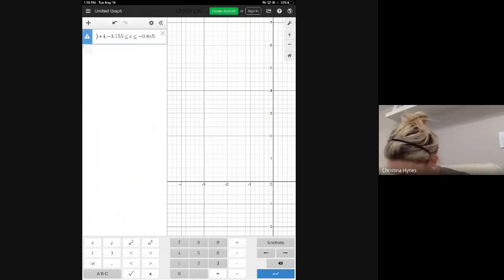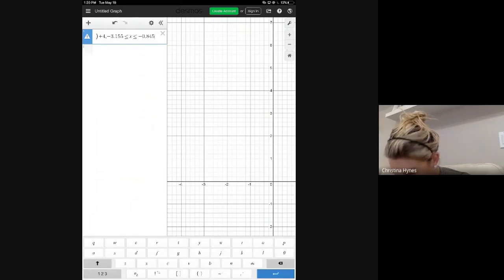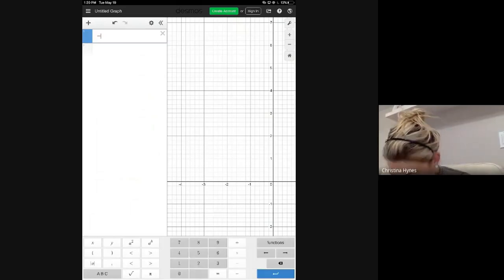I do need to put in brace brackets, so let me see if I can find those. I think I have to put it inside. Here, let's try this. Oh, there you go. Okay. Negative 3.